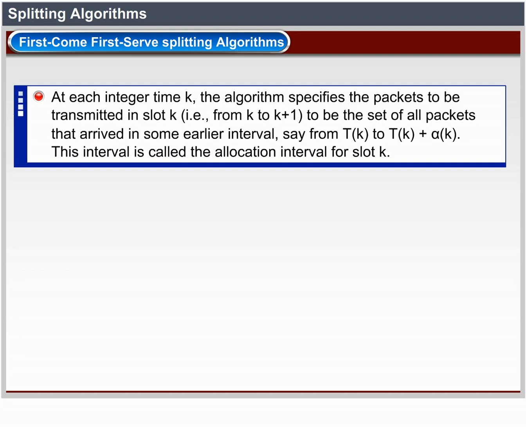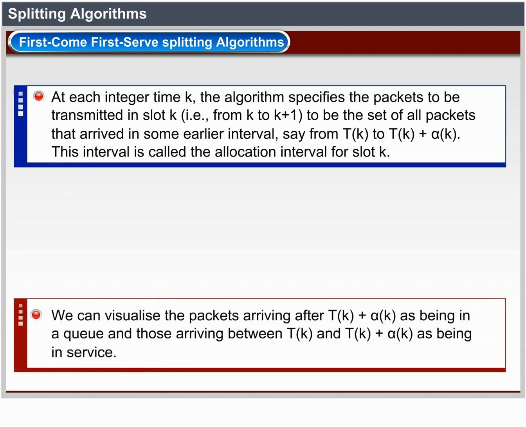We can visualize the packets arriving after t_k plus alpha_k as being in a queue, and those arriving between t_k and t_k plus alpha_k as being in service.